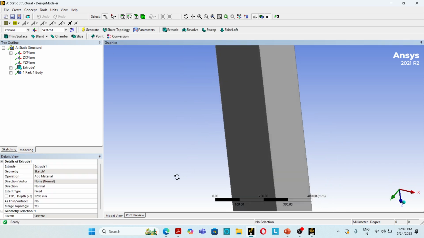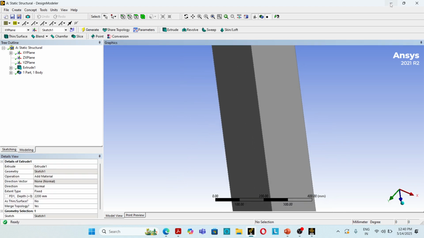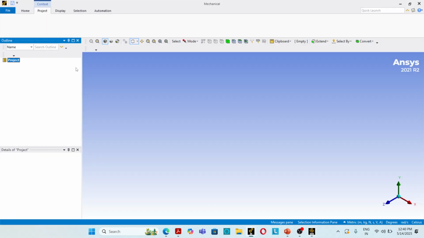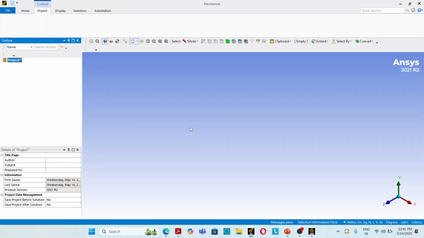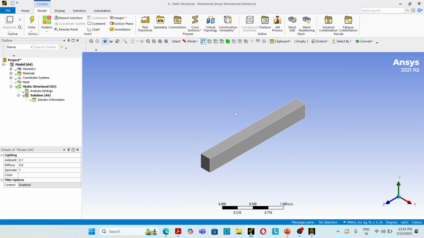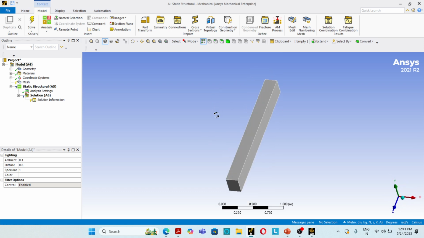So we have the beam. Minimize it. Click on model. So this is the beam.